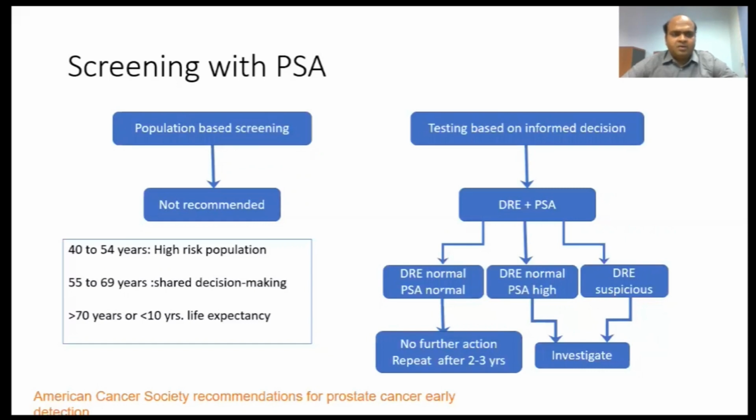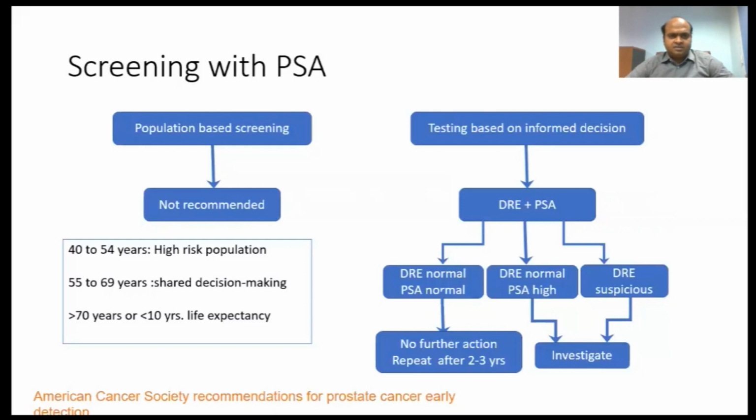So we can do PSA in this age group of 55 to 69 years old men. However, they should be well informed regarding its pros and cons. In patients more than 70 years old or with life expectancy less than 10 years, screening has no role.